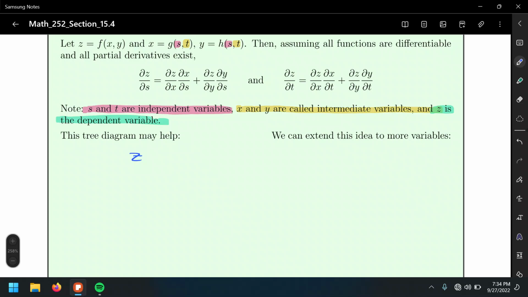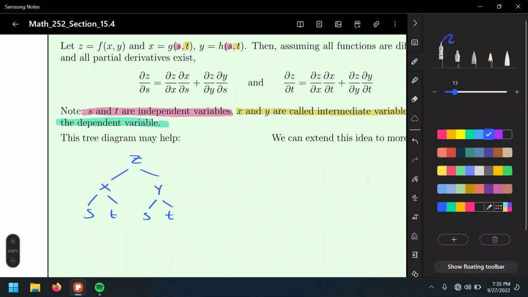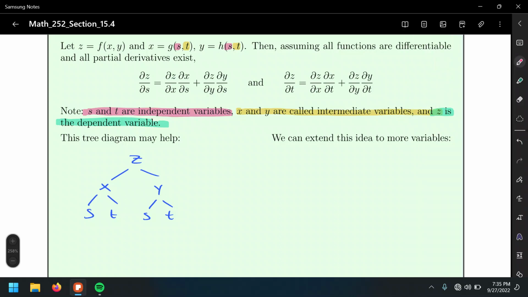In this case, those two intermediate variables are, for now, x and y, which at the same time depend further on s and t. All right, so how are those two expressions obtained in here? We want to obtain all the possible ways that can take us from z all the way to s.